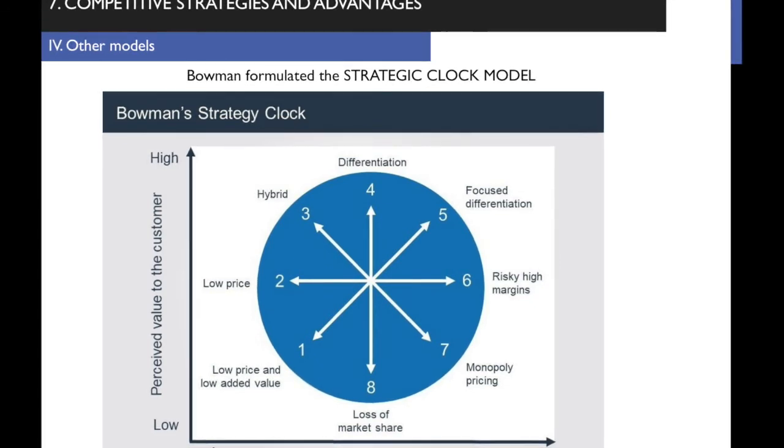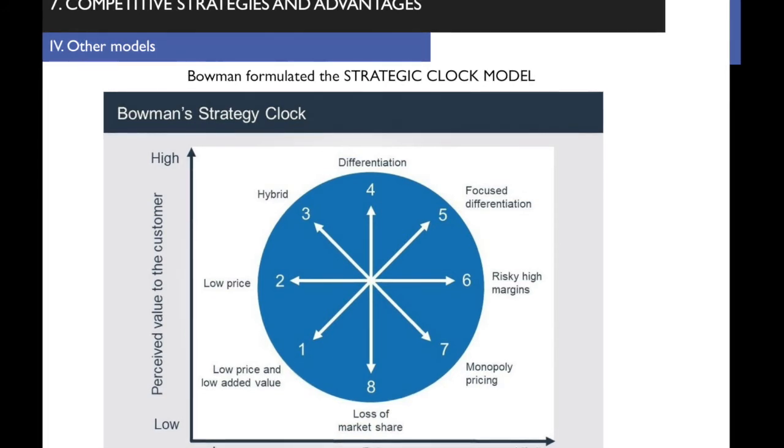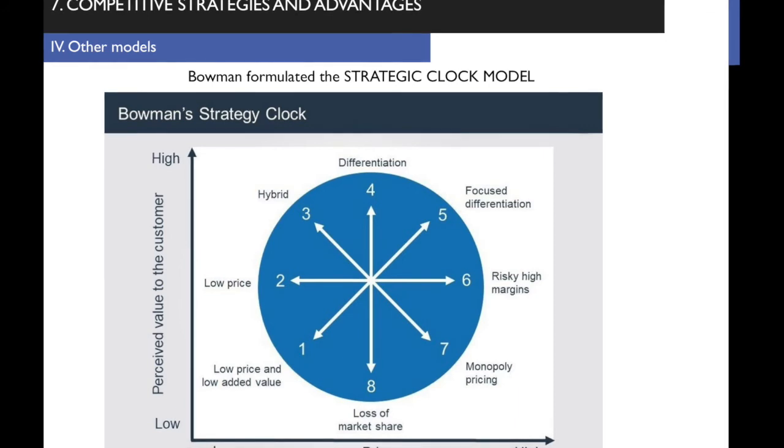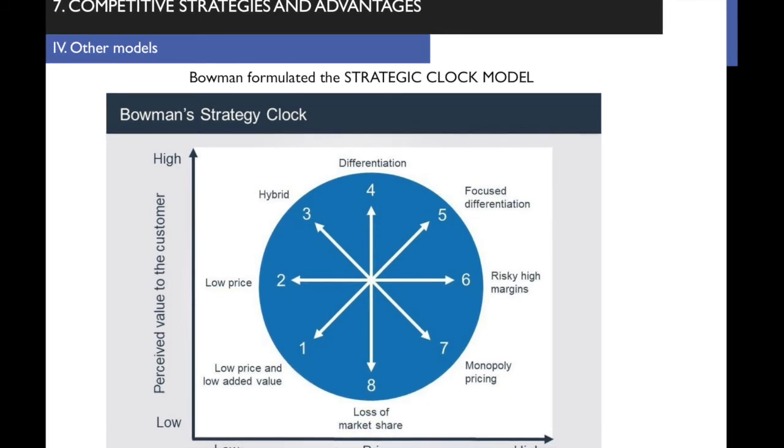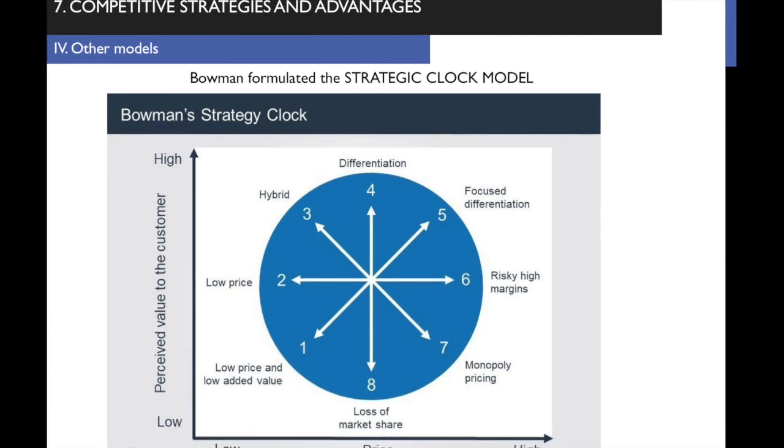It's not cheap, but it's affordable. Finally, in position 5, we find something called focus differentiation, which are expensive products which create a lot of value to the final customer. Let us say Prada, Dom Perignon, Ferrari, and so on. Mainly luxury products.